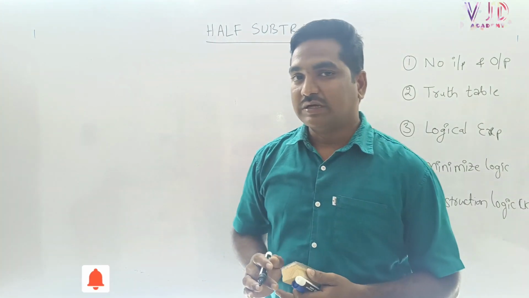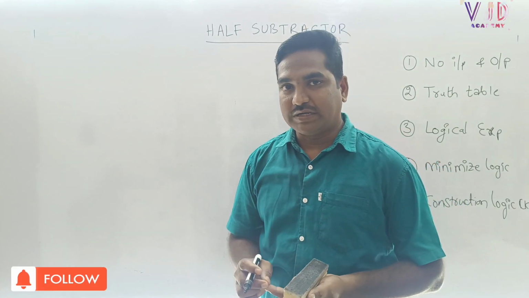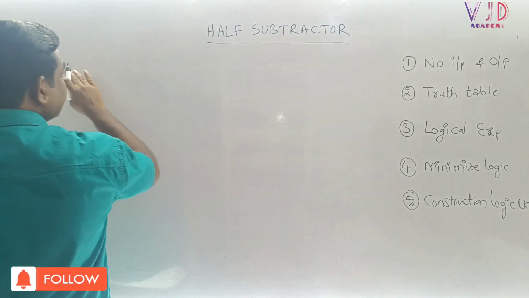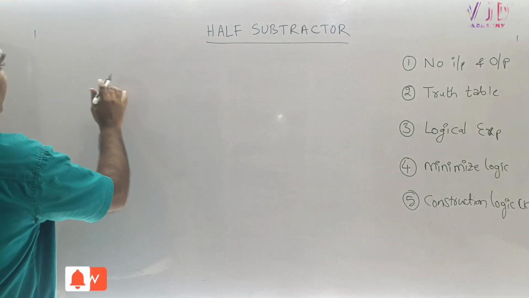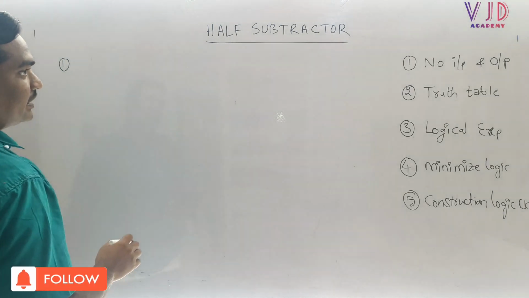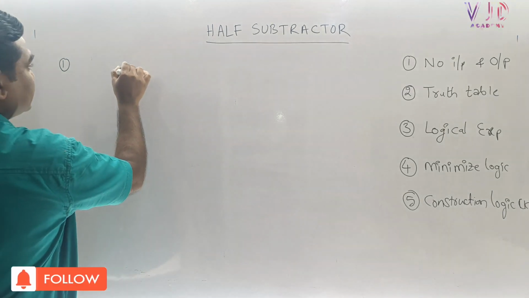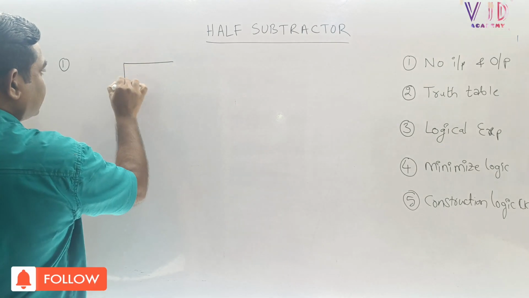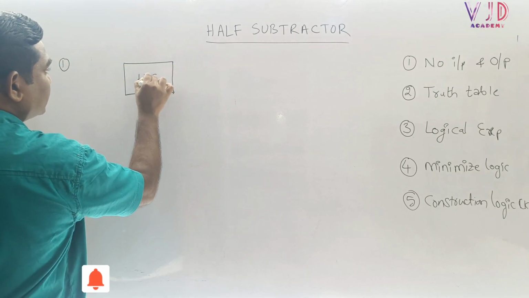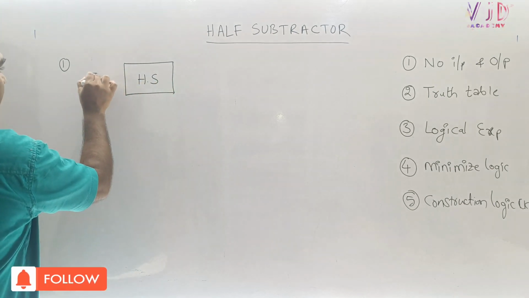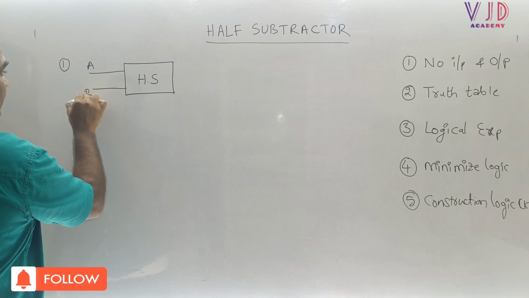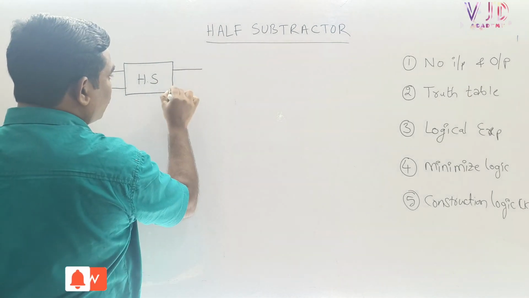Now let us try to understand half subtractor and how it works. What is the behavior of half subtractor? The first thing is how many inputs and outputs. The structure of half subtractor is like this. It has 2 inputs, which are A and B, and it also has 2 outputs.